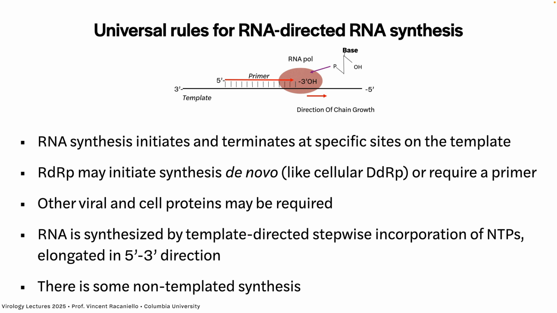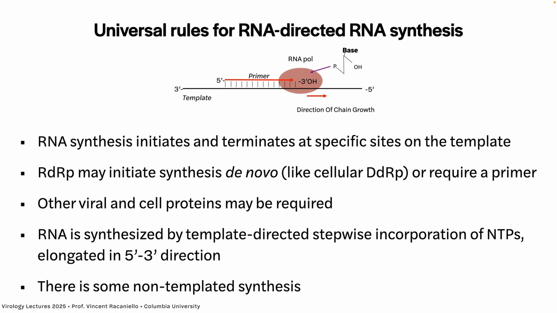And cellular DNA-dependent RNA polymerases, the polymerases that make mRNA, they initiate de novo. But sometimes RNA polymerases require a primer as well. Here, we're showing an RNA polymerase needing a primer in red. It base pairs with the template, and then the RNA polymerase adds NTPs to the product.